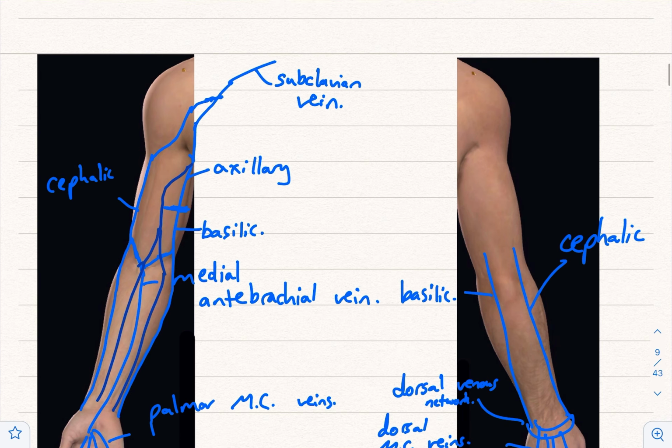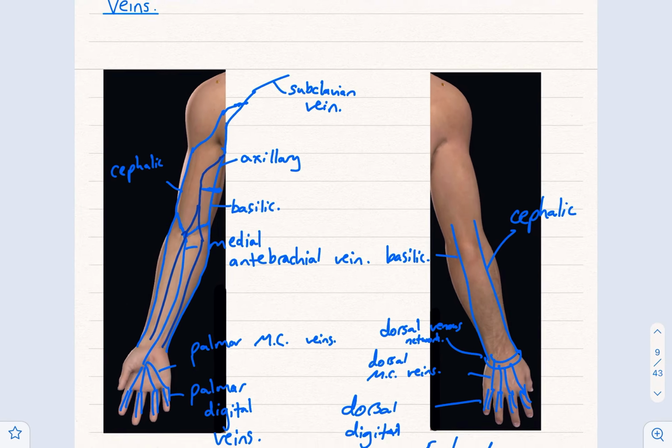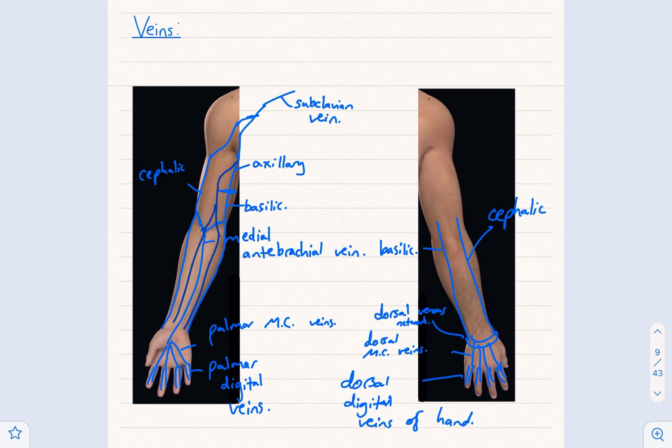After the subclavian vein, it then goes to the brachiocephalic vein, which then goes to the superior vena cava. It seems quite long and confusing because I started at the hand and worked my way up, but that's the way the blood flow in the veins would work.